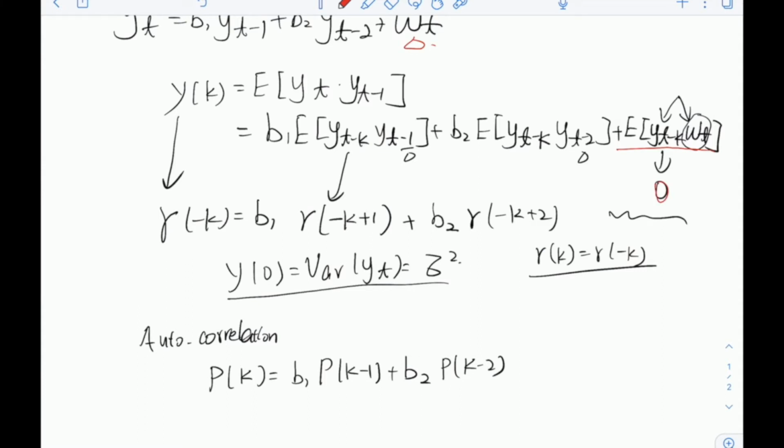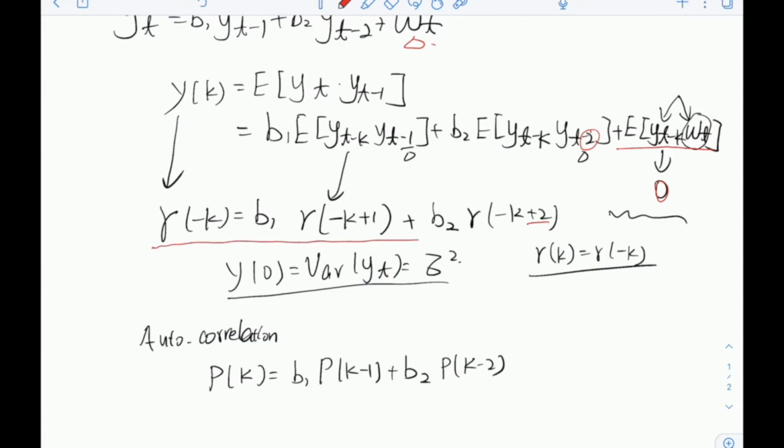So from here, because this is lag minus 1, we get the autocovariance here, plus 1. This is minus 2, we get there plus 2. So basically we have the autocovariance formula.